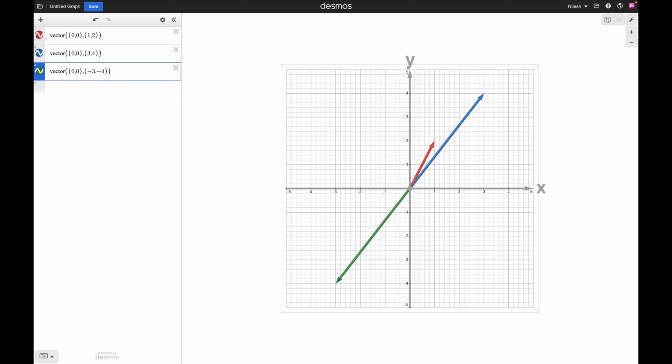And what that tells us is we can clearly see that the green vector is pointing in a completely different direction from the red arrow.